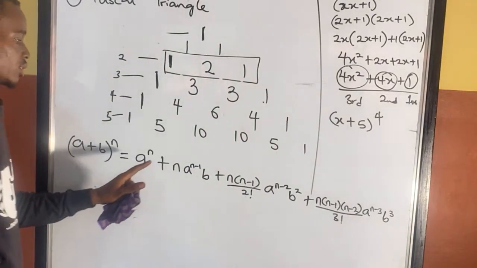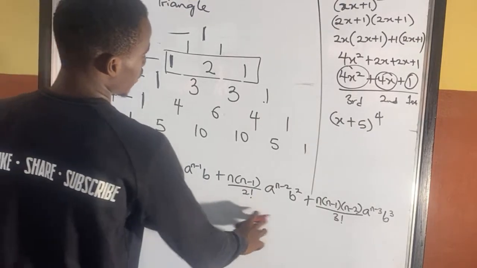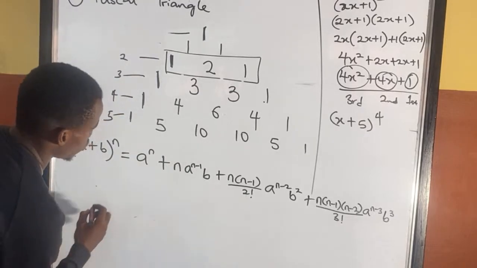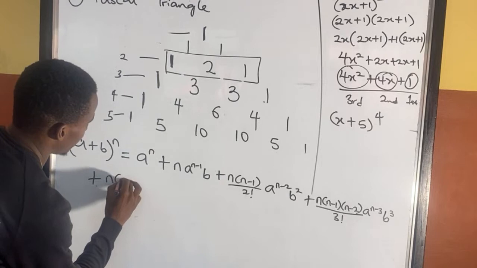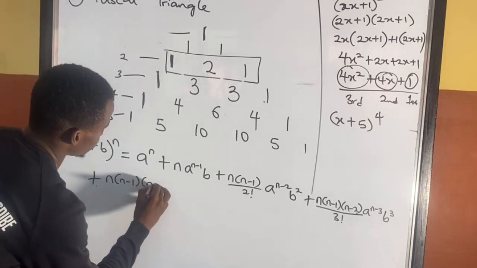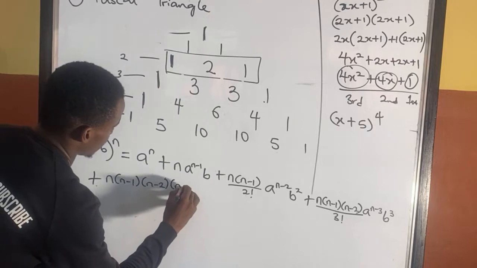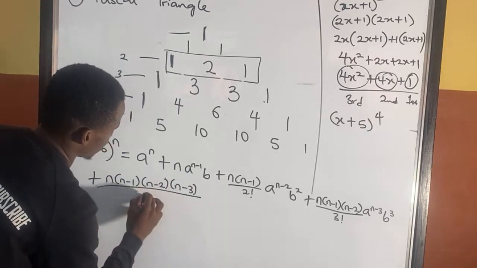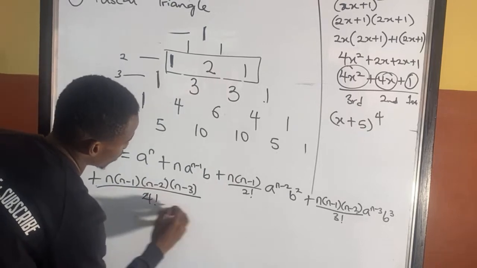So we have this, 1, 2, 3, 4. We need one more. So we continue plus n minus 1, n minus 2, n minus 3 over 4 factorial, right? 4 factorial.